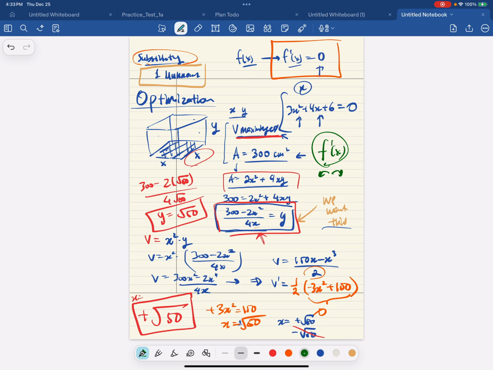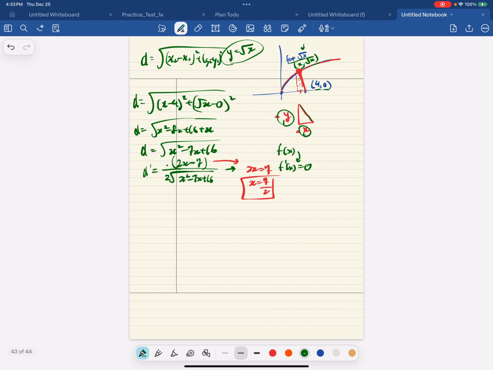Let's say right now we found root 50. You want to find the y value of f prime of x with an x a little bit before root 50 and a little bit after root 50. Same here: a little bit before 7/2 and a little bit after 7/2 to make sure that you really did find a maximum or that you really did find a minimum.